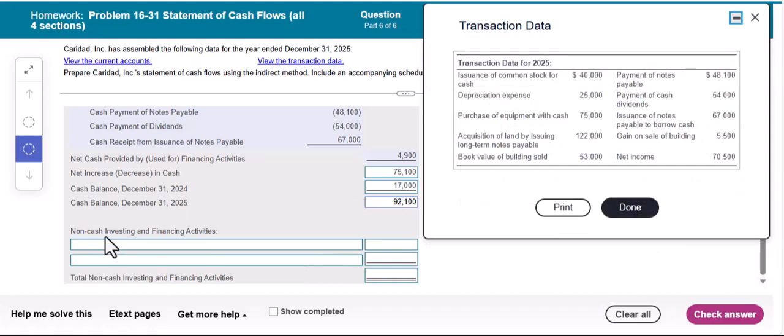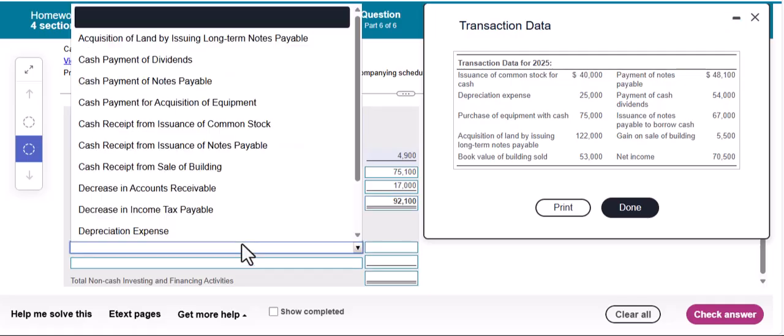So non-cash investing and financing activities. We did briefly mention earlier that there will be an item in the fourth section here, and that is the acquisition of land by issuing long-term notes payable, and that is for 122,000.